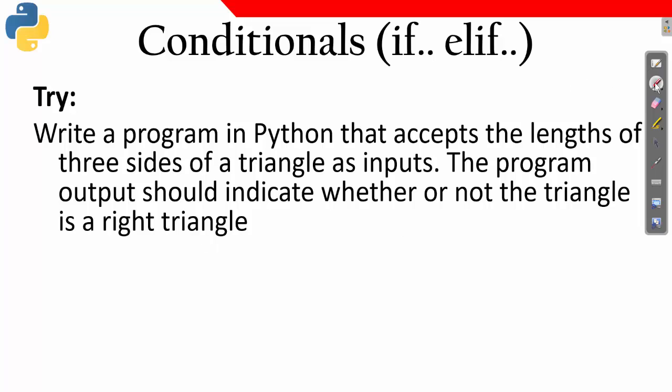What is the condition for a right angle triangle? The condition for a right angle triangle is either a square equal to, sorry, if I am having a, b, c as three sides, hypotenuse square is equal to the sum of squares of the other two sides.